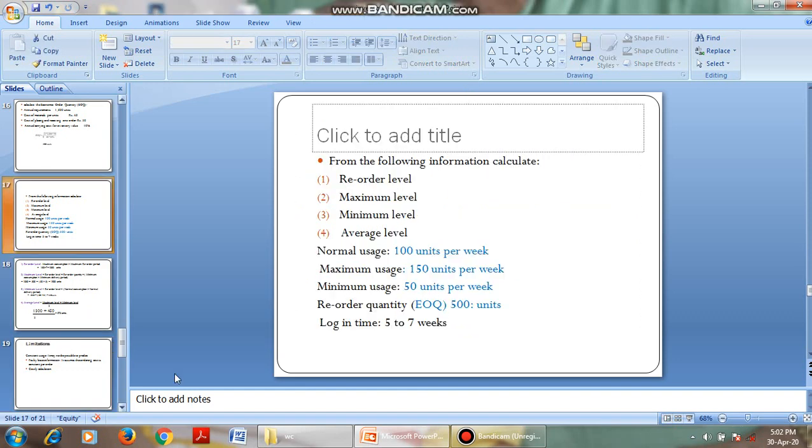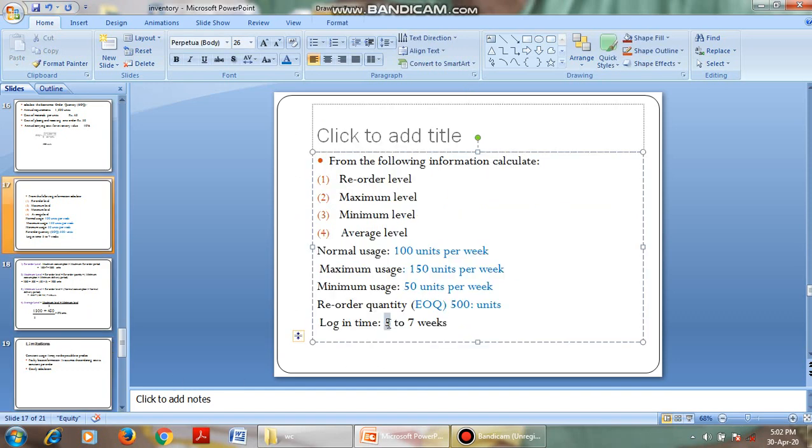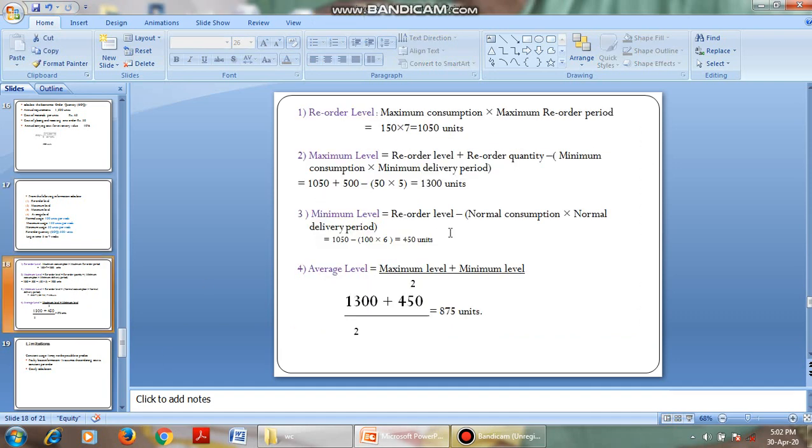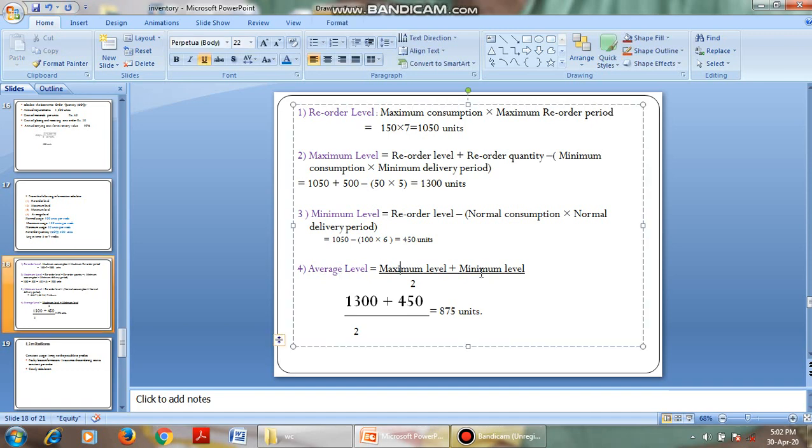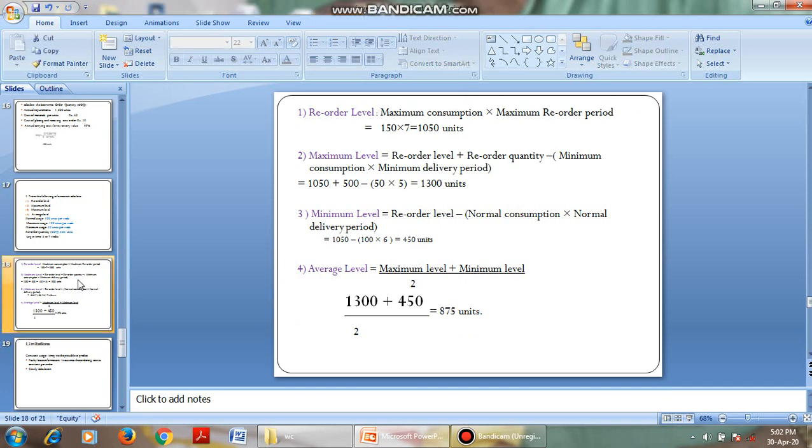The range is 5 to 7 weeks, minimum 5, maximum 7, and normal is 6 weeks, so they have considered 6. So it is 450. Then average level is maximum level plus minimum level by 2. Maximum level is 1300 units, minimum level is 450 units, divided by 2, which gives us 875 units.